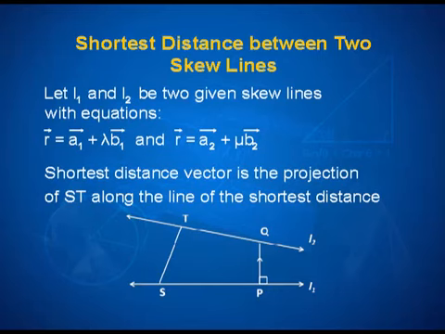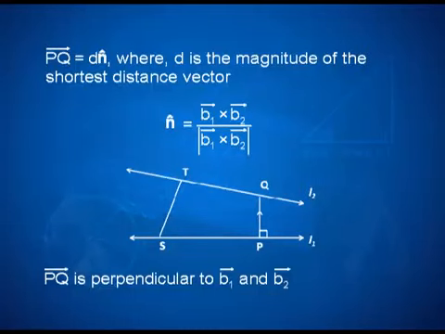So, the projection of ST is what I am interested in calculating, and for that we first determine the vector PQ. Now, vector PQ is a vector which is perpendicular to both L1 and L2. In magnitude, it is say d units, the magnitude of the shortest distance which we are in search of.